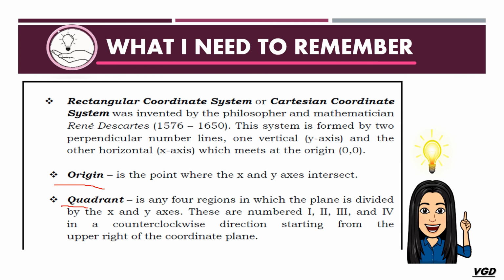A quadrant is any of the 4 regions into which the plane is divided by the x and y axes. These are numbered 1, 2, 3, and 4 in a counterclockwise direction, starting from the upper right of the coordinate plane.